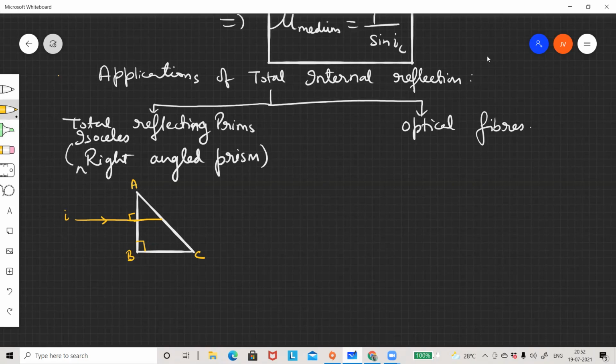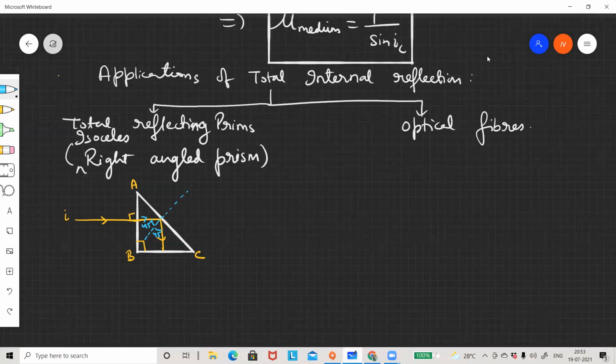Which angle? At the point of incidence, we draw a normal, and this angle will be 45 degrees. I think we can prove it also. The ray hits at 45 degrees, and here it will be reflected at the same angle, 45 degrees.